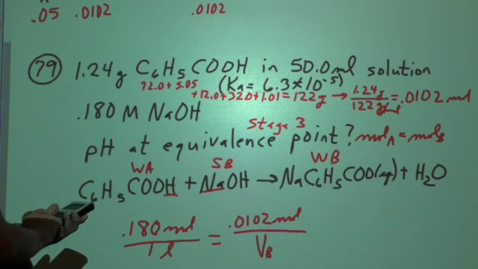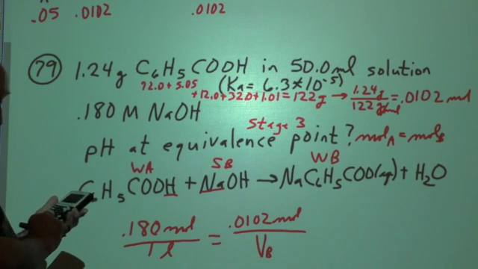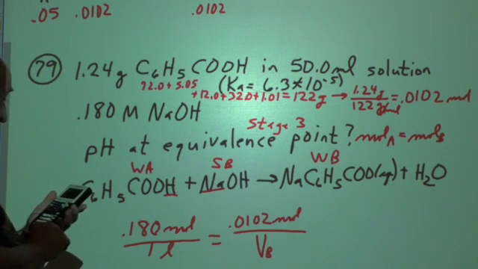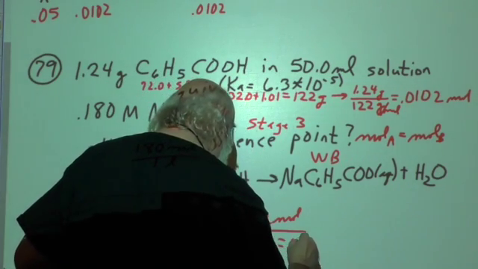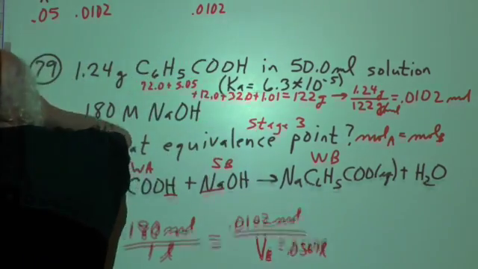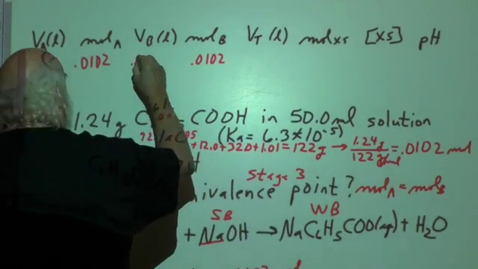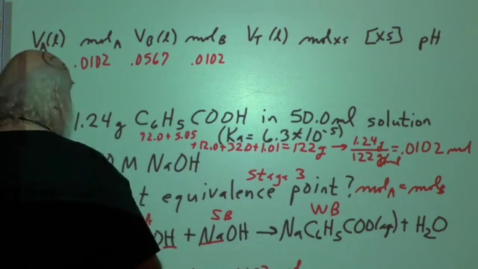So this is going to be 0.0102 times 1 divided by 0.180, and that's going to give me 0.0567 liters. So I'm going to put that right up there where it says volume of base, 0.0567 liters.